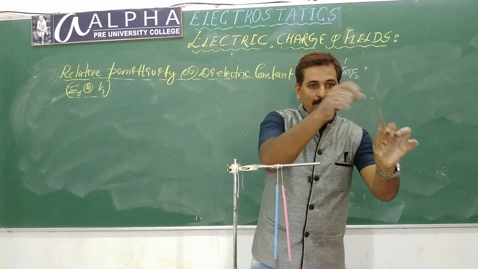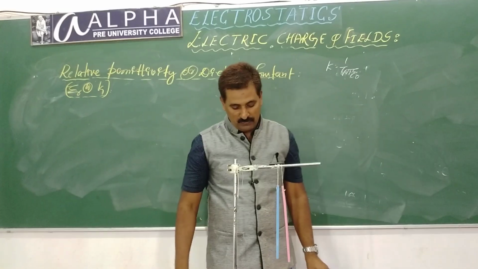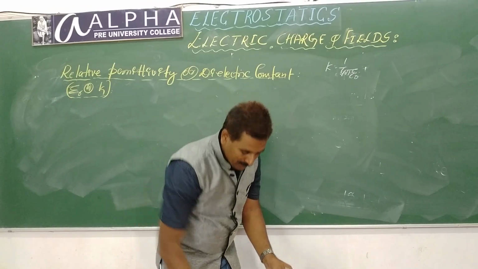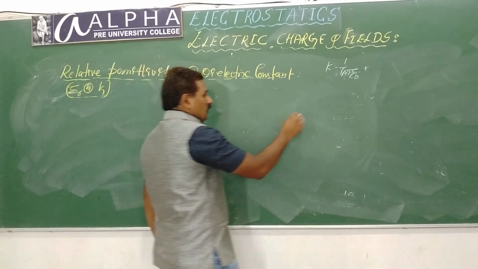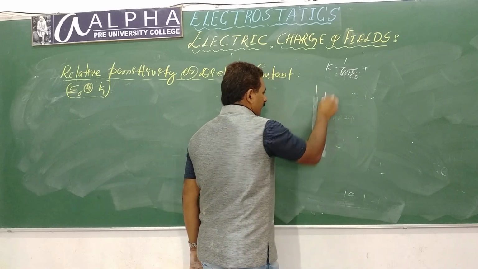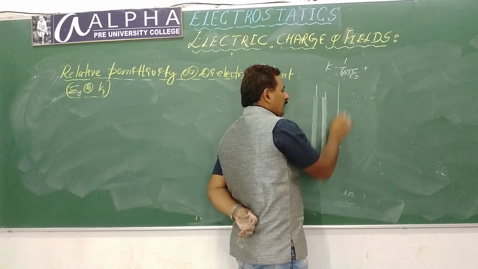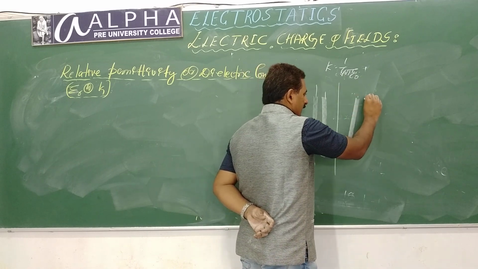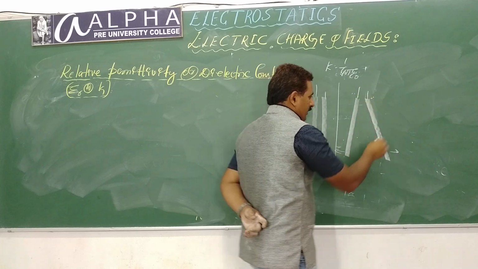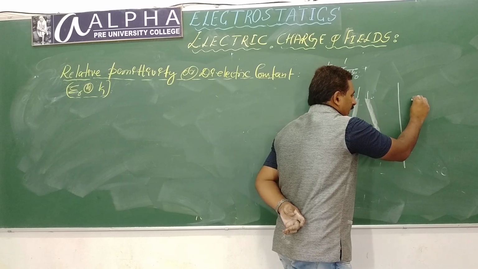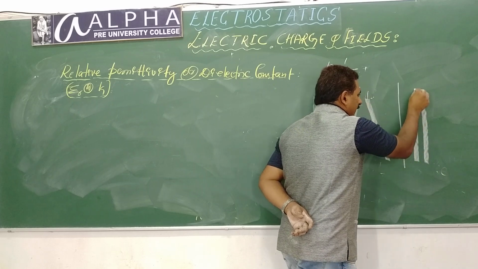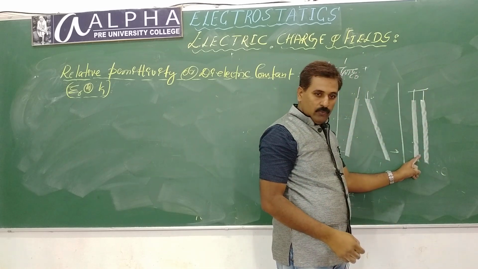The presence of another medium affects the force between these two. I will explain once again by drawing a simple diagram. See here, this is what I explained. These two are straws hanging down initially. Case number one. Next, I charged them by rubbing, and they moved away from each other. Now these two are charged, repulsion. Next, when I introduced a conducting medium, they came very close to each other.